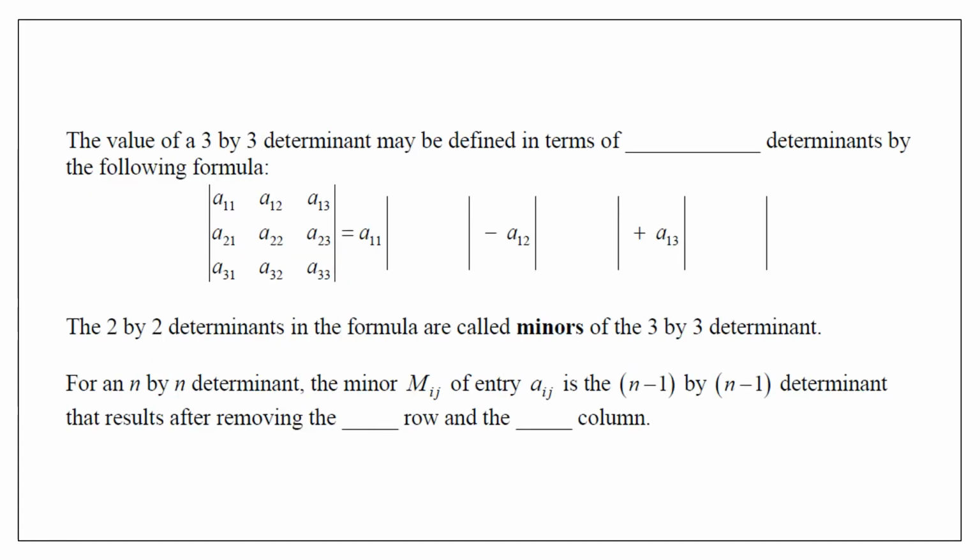So the value of a 3 by 3 determinant may be defined in terms of 2 by 2 determinants by the following formula.